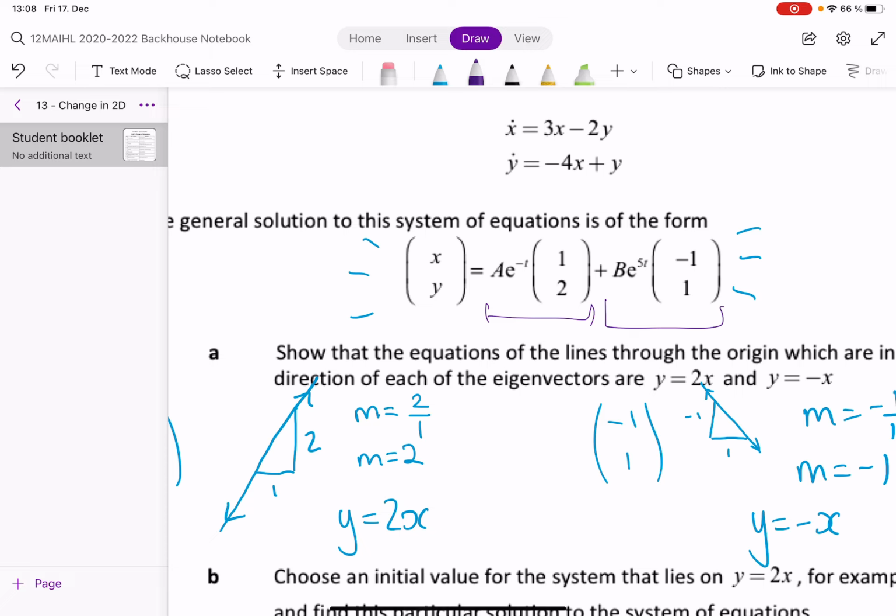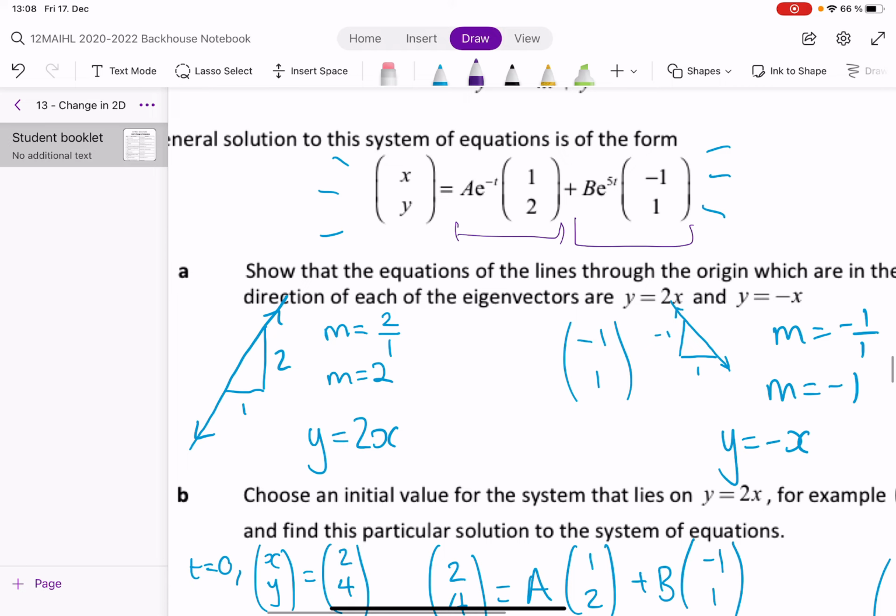The numbers are going to become much larger, and the other part's going to become much less. And it's clearly this one with the large positive exponent that's going to become more dominant to how the system's changing. As t gets bigger, the first part of our solution is going to get smaller and smaller, and the second part is going to get larger and larger. If they were both positive, it would be the one that has the largest exponent that would become more dominant.